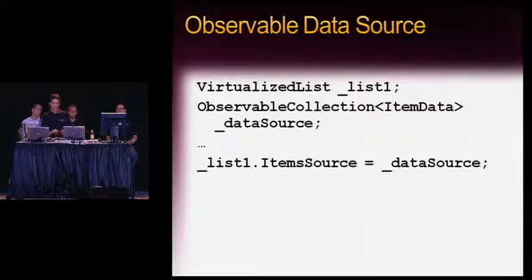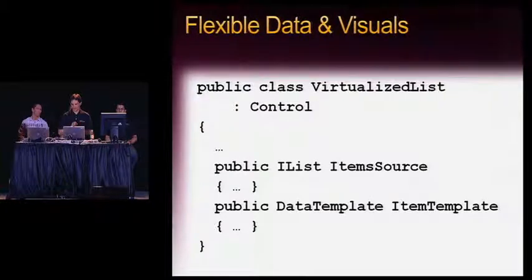We wrote many controls. I would like to focus on one of them, which, again, is not currently part of the SDK. It could be argued that the data grid is, but the data grid is much heavier than what we needed. And that is the virtualized list.